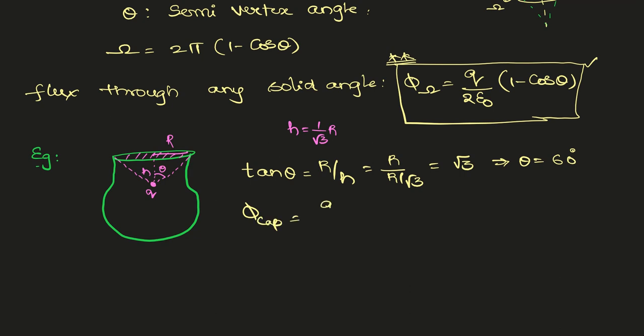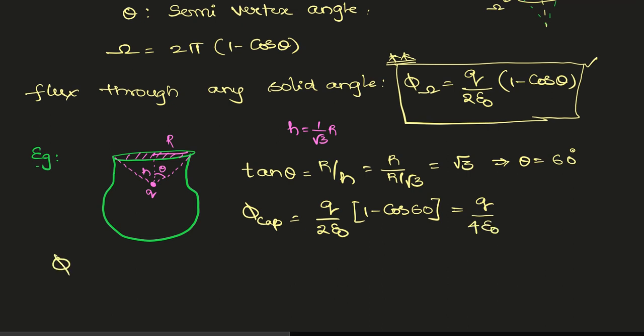Then flux through this cap will be equal to q by 2 epsilon naught into 1 minus cos 60. Cos 60 is 1 by 2, so this will be q by 4 epsilon naught.